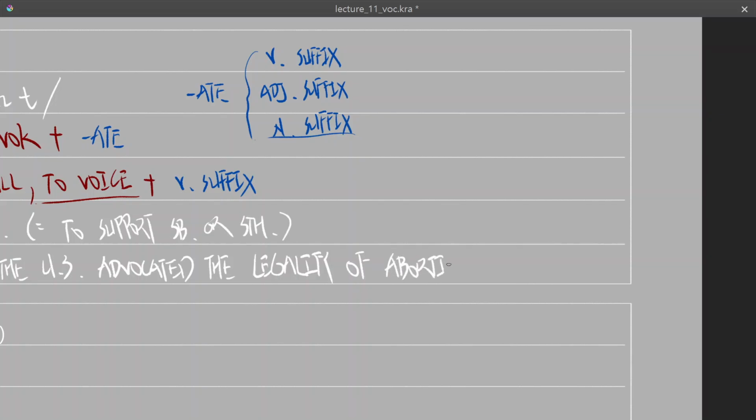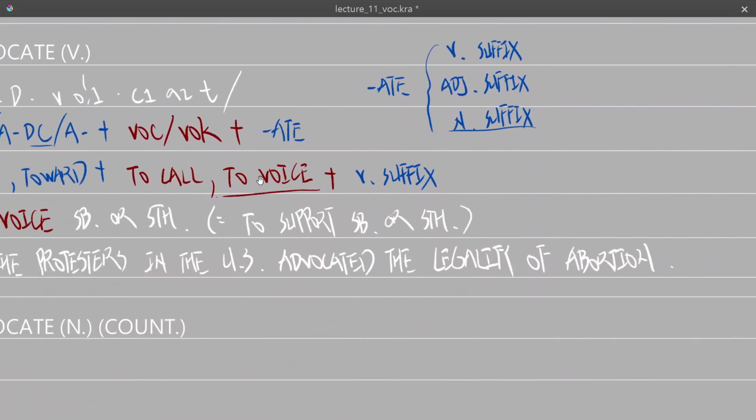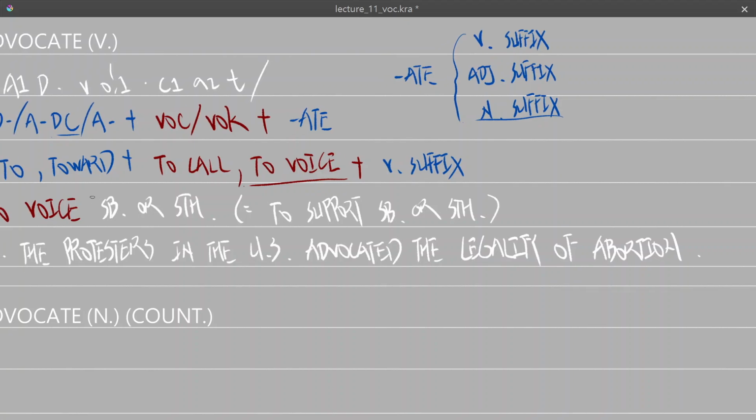The protesters in the United States advocated the legality of abortion.